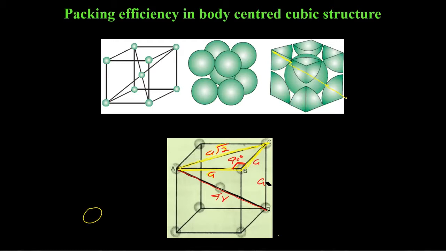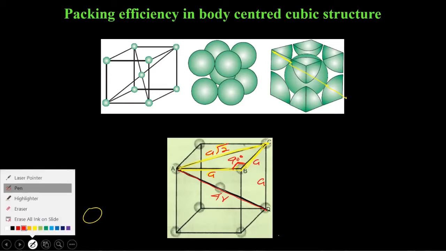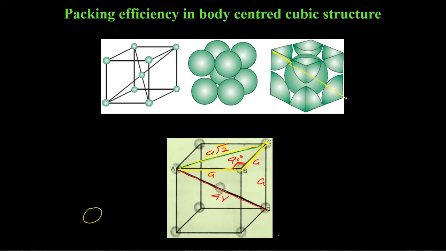Now we know another 90-degree angle which contains the face diagonal, edge, and body diagonal. The face diagonal is A root 2, the edge is A, and the body diagonal is 4r.